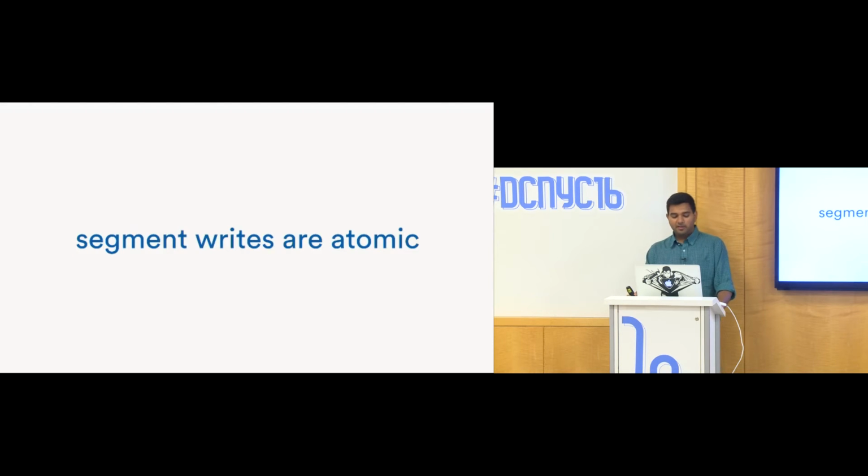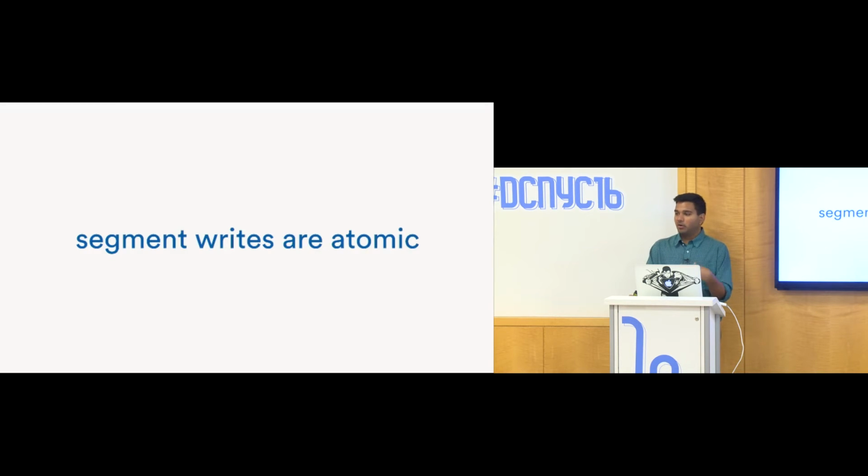The one that is very important for Tape to work is that segment writes should be atomic. This is really the glue that holds QueueFile together, and we'll see how in more detail. Essentially, the guarantee ensures that if you're writing data smaller than the size of a file system segment, which is typically in the order of kilobytes, that write can be written atomically to disk.